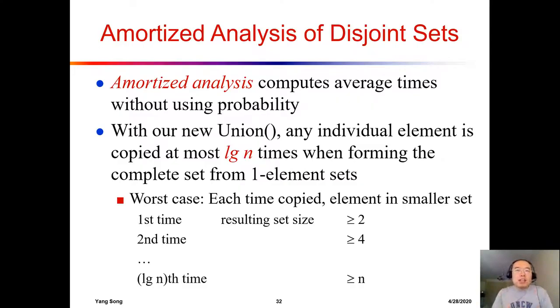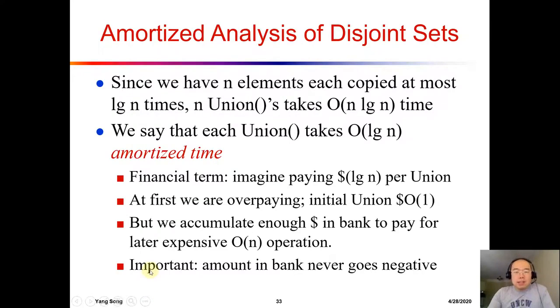The strategy is that we always copy a smaller set into a bigger set, and then the upper bound on the number of times an item is copied will be log n.